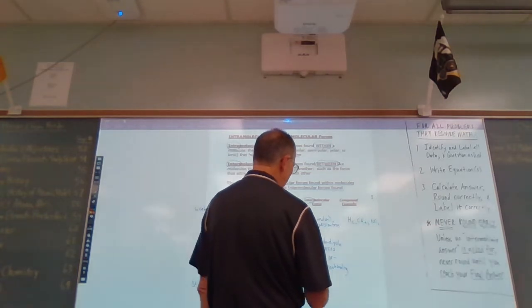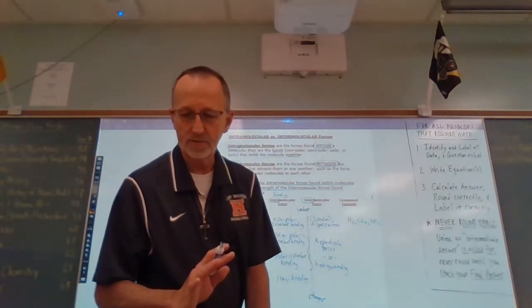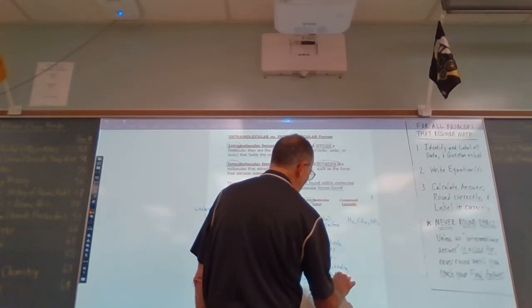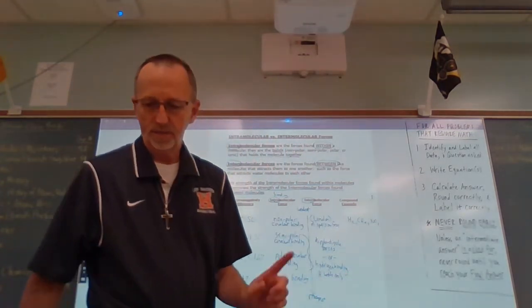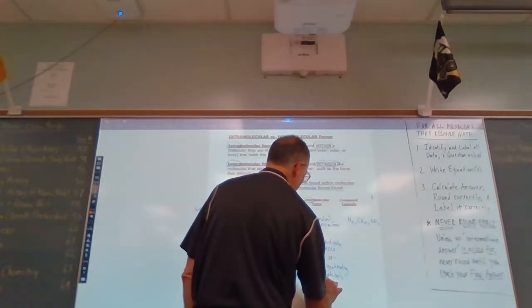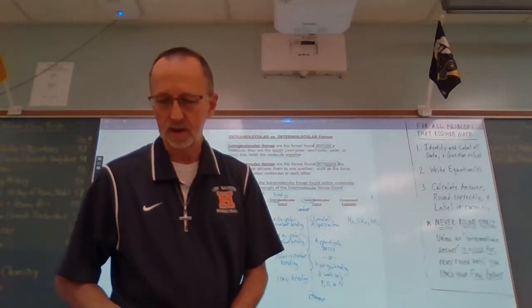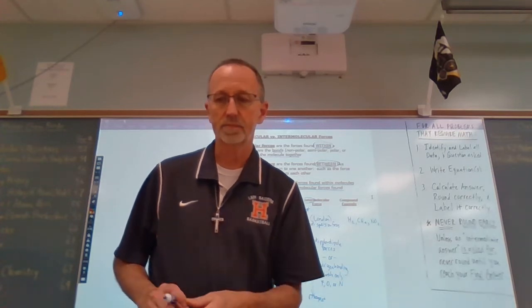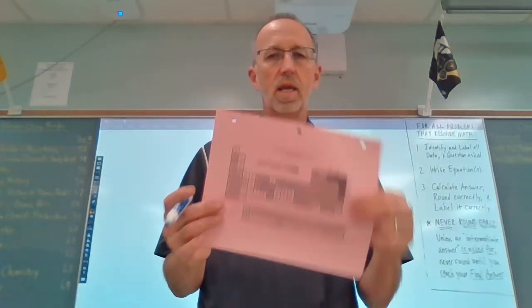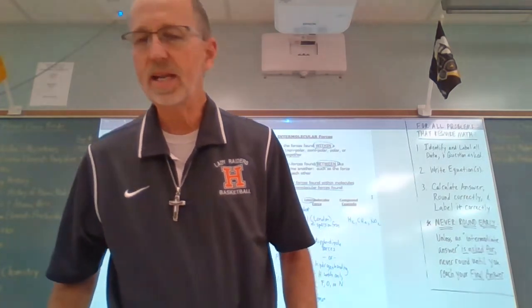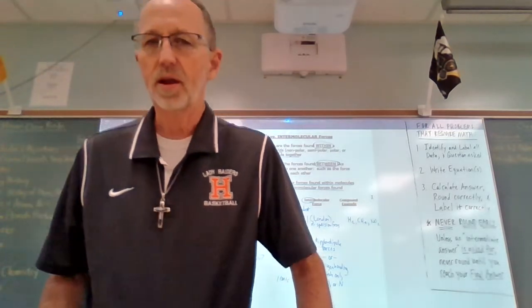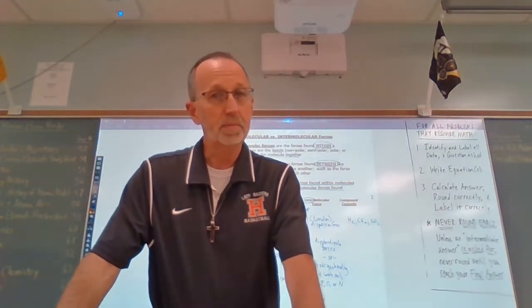So this involves compounds that contain hydrogen with only fluorine, oxygen, or nitrogen. All right? If you look at your electronegativity chart, and you find fluorine, nitrogen, and oxygen, they're right in a row in period 2.